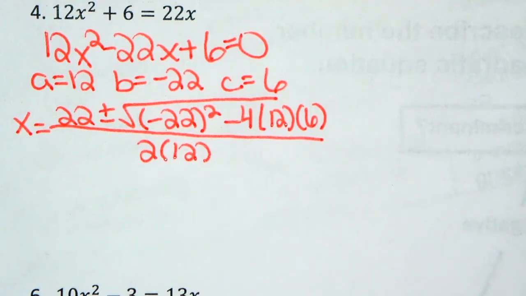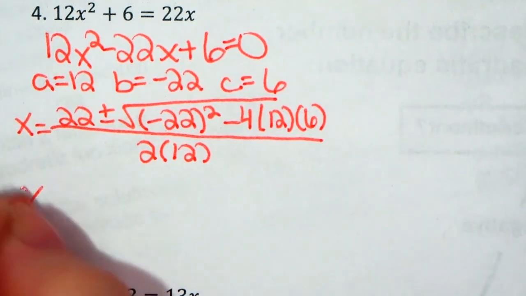Typing your discriminant into your calculator, be careful to put parentheses around the negative 22. And we get 196.